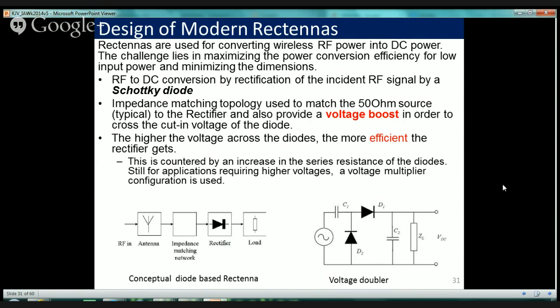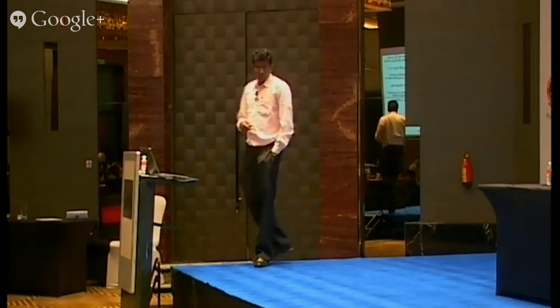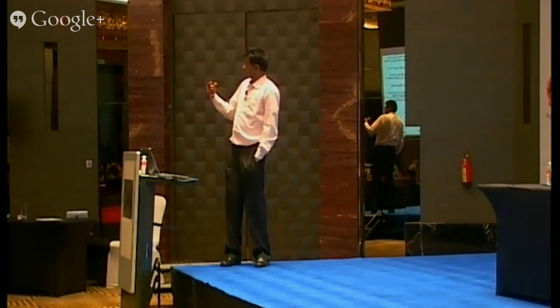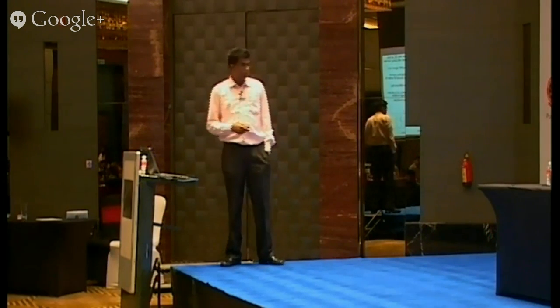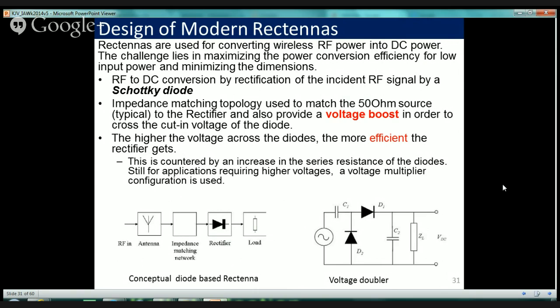But there is an interesting aspect to it too. When we make a matching circuit, which is a reactive network, there is a quality factor associated with it, and if we design it properly, the quality factor of this circuit would boost or magnify the incoming voltage. Why is it important? Because a diode has a threshold voltage.